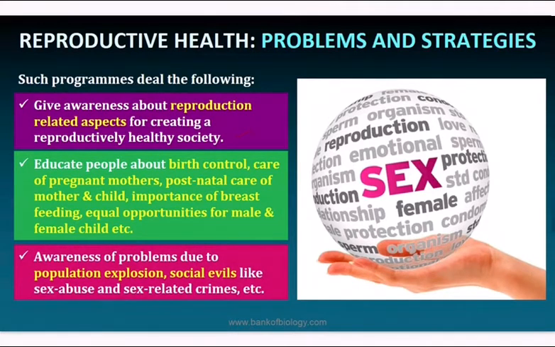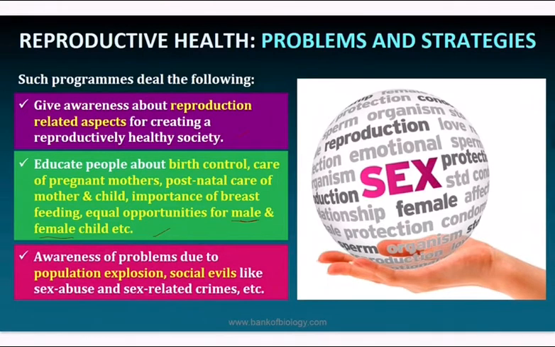Such programs mainly give awareness about reproduction related aspects for creating a reproductively healthy society, and educate people about birth control, like you are already seeing on TV and social media, so many advertisements about birth control, care of pregnant mothers, and postnatal care of the mother and child. Postnatal means once the delivery takes place, once the baby comes out, that is postnatal. And the importance of breastfeeding, and equal opportunities for male and female child.